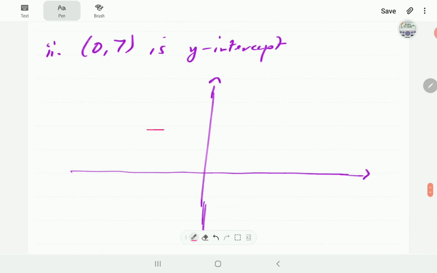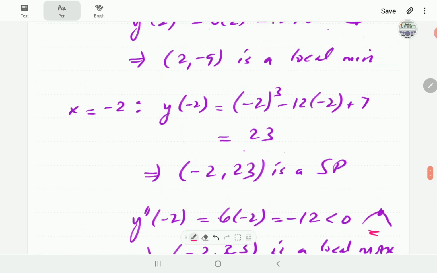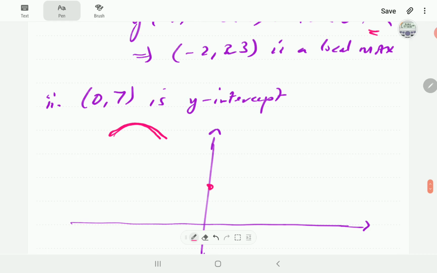-2, 23 is in the second quadrant, so somewhere here. The graph looks something like this. Okay, so that's from there. And then 2, -9 is in the fourth quadrant. So somewhere there, the graph looks like that. And then it goes through 0, 7.